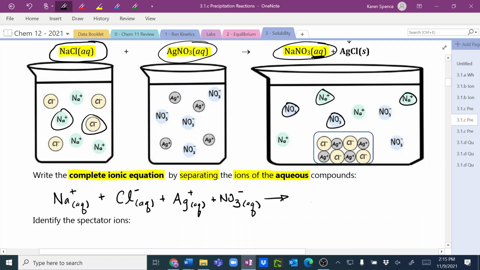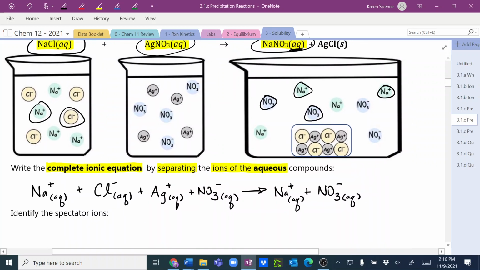And so you will write them separately. So we will have Na plus separate from, so plus NO3 minus. And the only thing that stays together is the precipitate, the solid. So here's our solid, and you can see that these guys are together. So we keep those guys together.